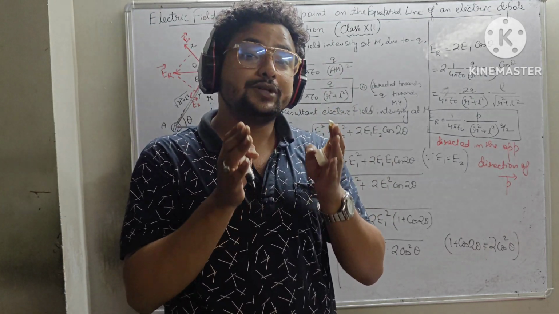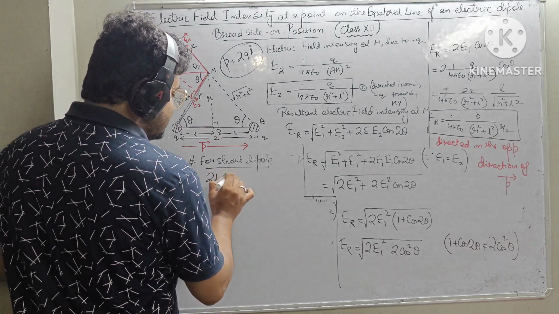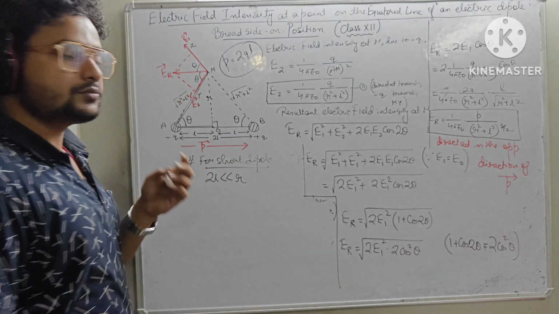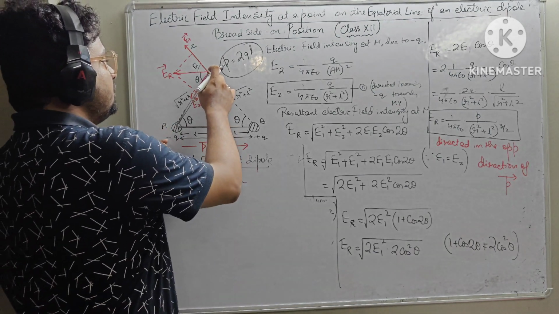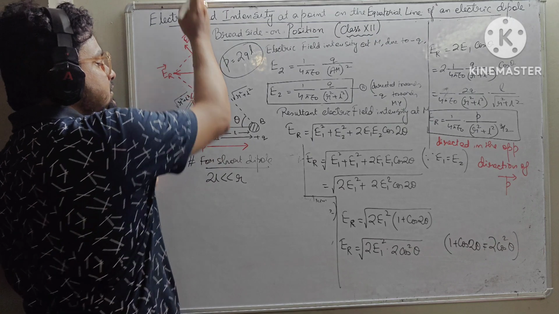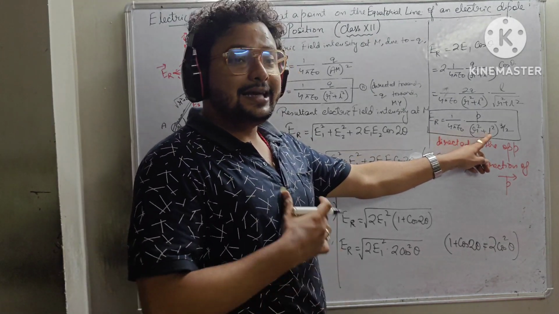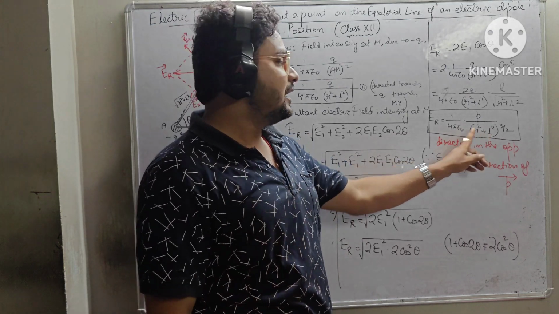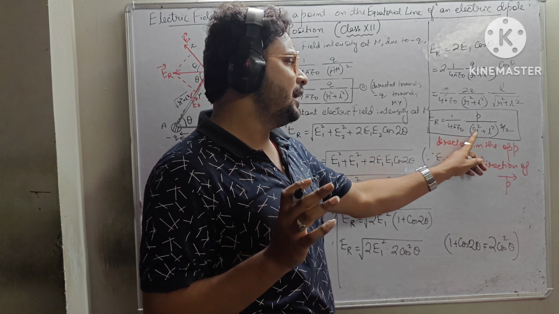Remember, compared to the length of the dipole. So we can write 2L is less than R. Okay, 2L is less than R, right? Because this particular point is at a very large distance compared to the length of the dipole. So over here, this particular L we can neglect from this expression R square plus L square. So L square we can neglect, okay, with respect to R square.